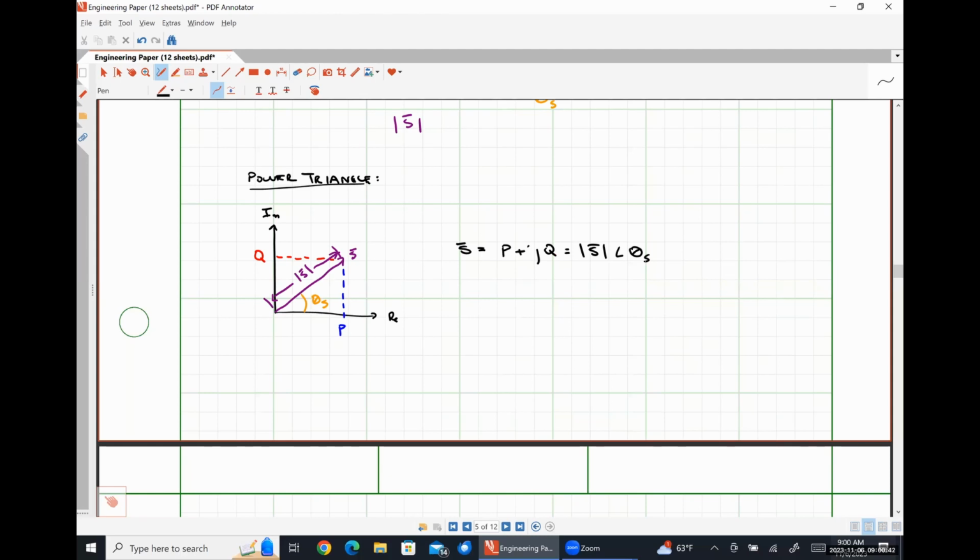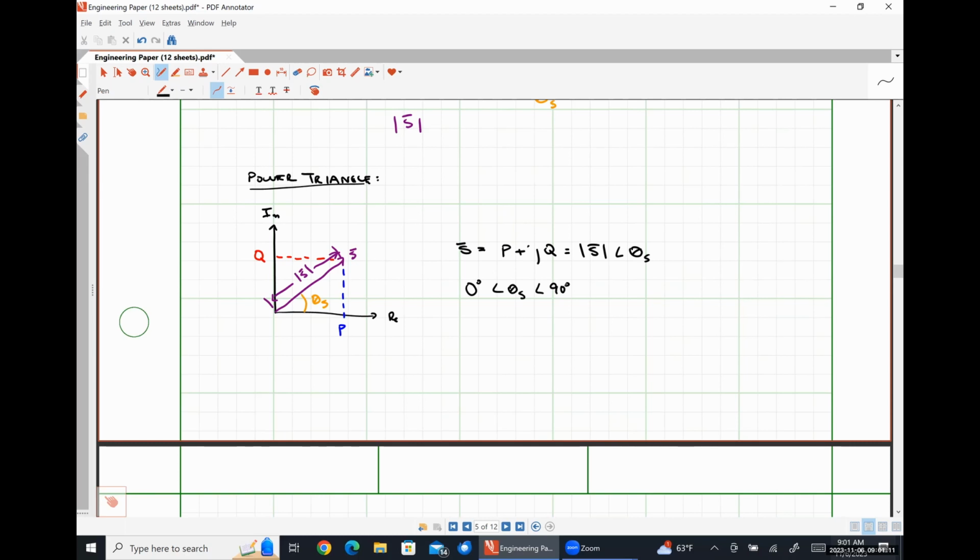Now, the power triangle can actually tell us a couple of other things as well. For example, let's say that theta S is between 0 and 90 degrees.